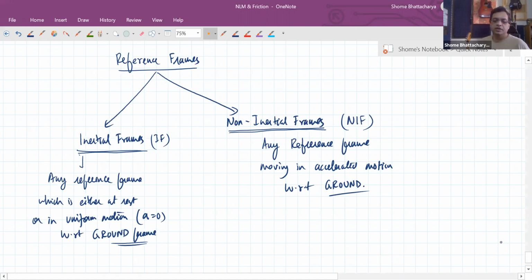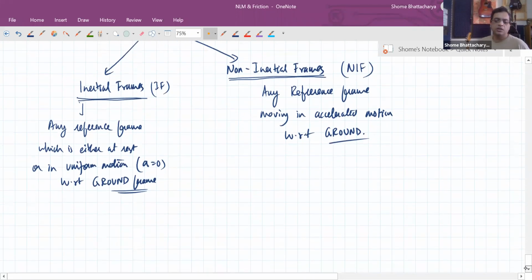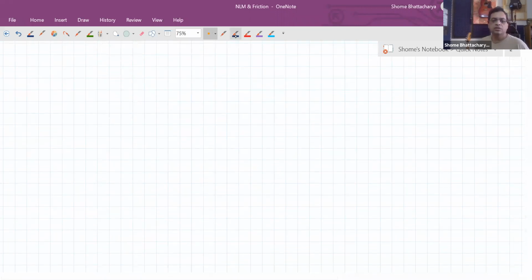Okay. Now the next thing is that a body in a non-inertial frame always experiences a type of additional force because of its own inertia as well as because of the acceleration of the frame, and that is what we call the pseudo force. The term pseudo means imaginary, but we call it pseudo force because the agent of the force is not an external agent, it's an imaginary agent. The force is very real.